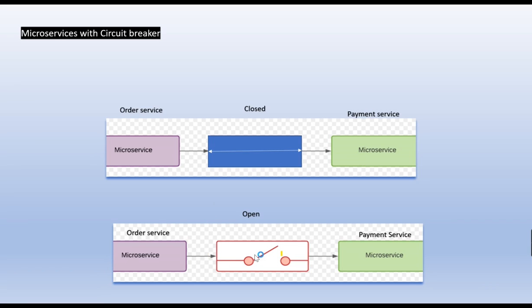Suppose the switch is open, what will happen? The order service will not be able to hit the payment service. That means if the switch is open, calls to the payment service are not allowed at all.